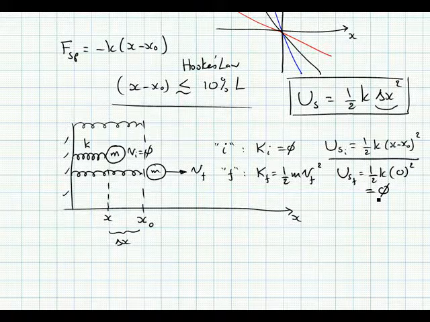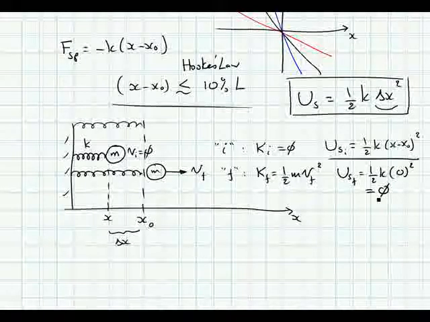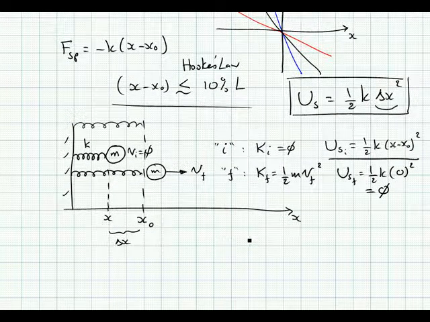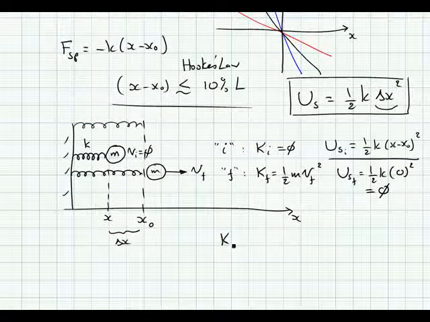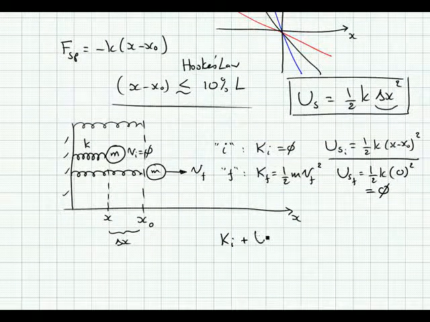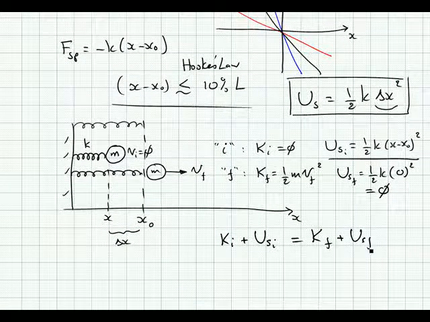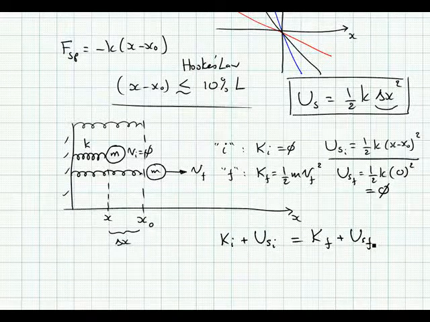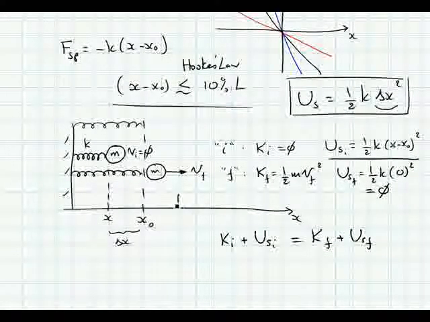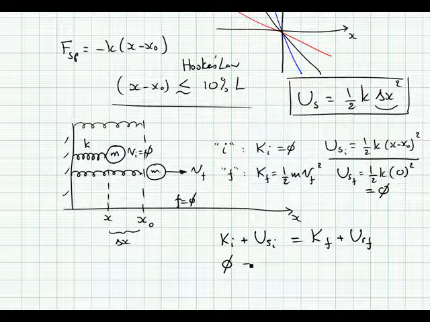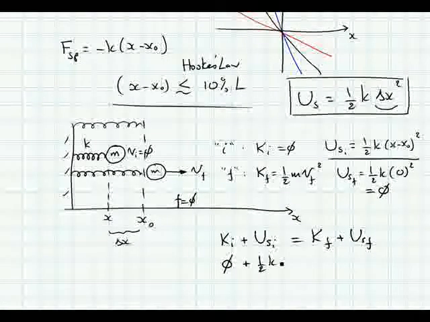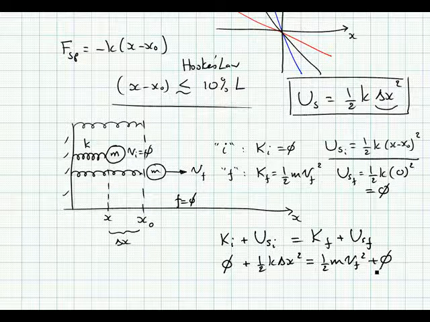Assuming that there's no friction force involved along the horizontal direction, then k initial plus US initial must equal k final plus US final. After all, spring potential energy is a form of potential energy. So here friction is non-existent, and we have 0 plus 1/2 of k delta x squared is equal to 1/2 of m vf squared plus 0.